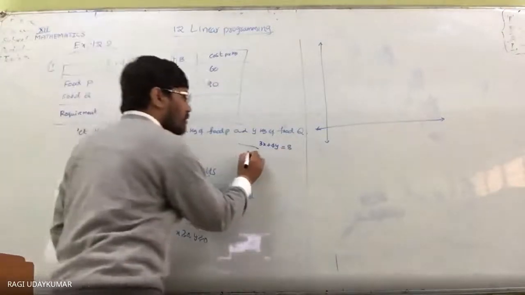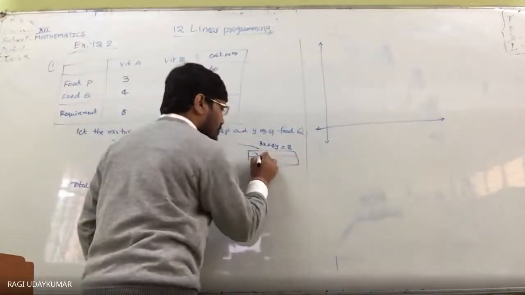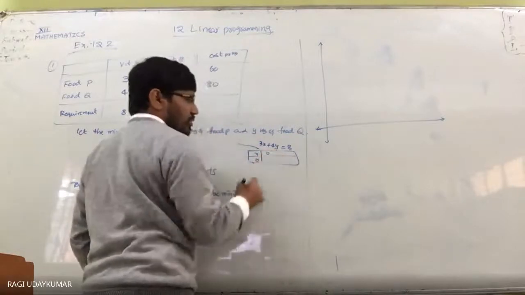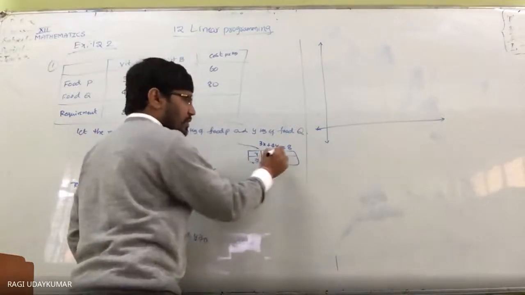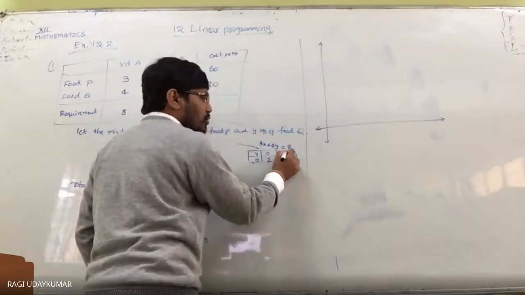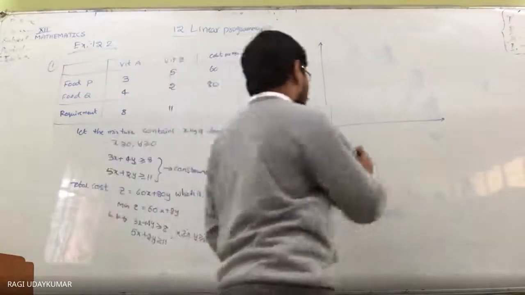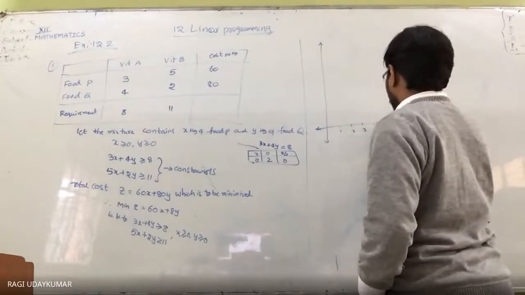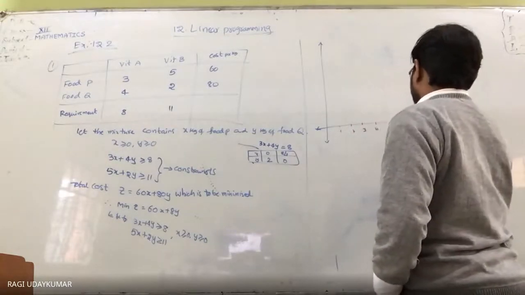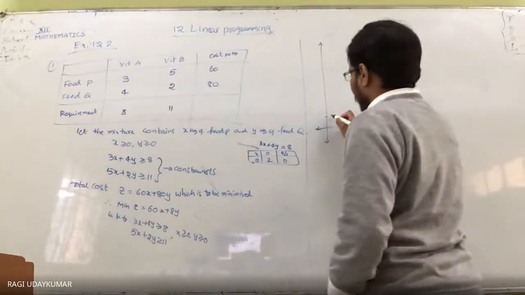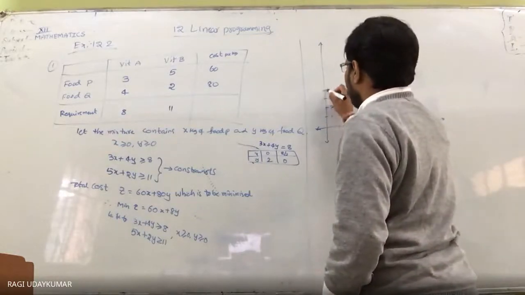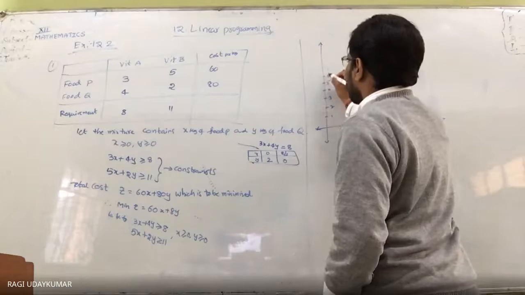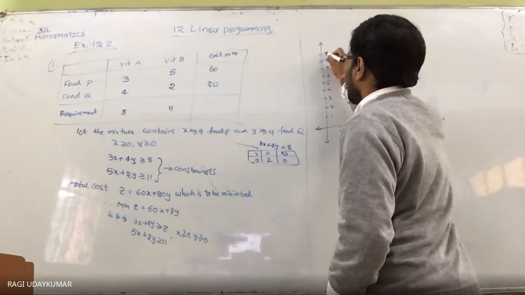Take the coordinates in such a way that if you take x as 0, y is equal to 2. If you take y as 0, x is equal to 8 by 3. Let us mark the points on the axes.